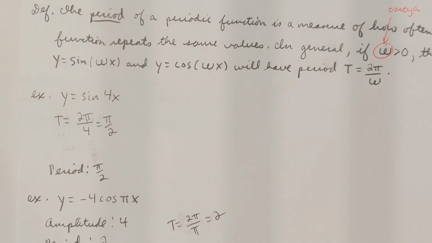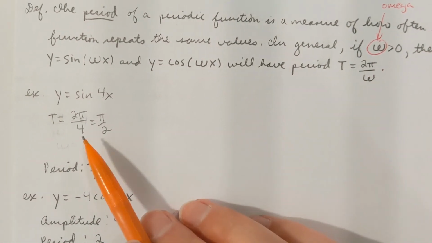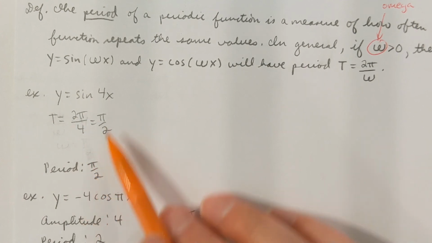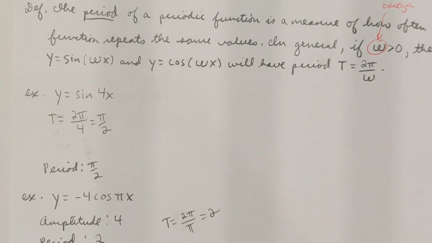Now what that looks like here, using this formula, is my omega value would be 4. 2 pi divided by 4 would be pi over 2, and so the period of this function would be pi over 2. And what that would mean to us is that, if we were to look at a graph, what we see on the interval 0 to pi over 2 would repeat infinitely often, okay, since you've compressed the graph horizontally.